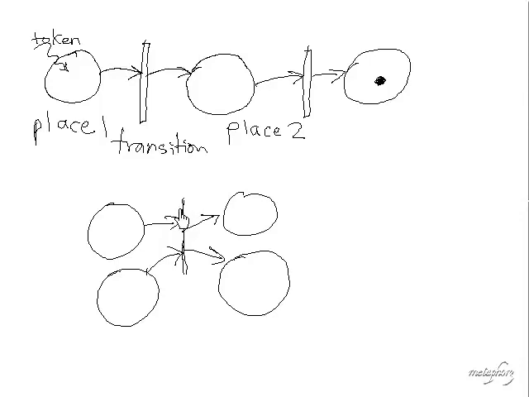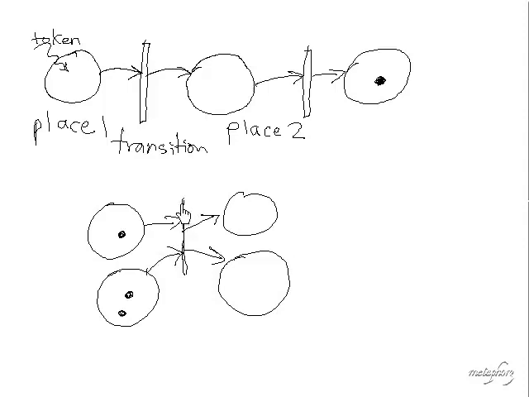And the concept of fire is a bit like a neuron, metaphorically. So if we have at least one token in here, and there's no reason why we could not have more tokens, I may put 2 in here just for display purposes, then this transition right here can fire.